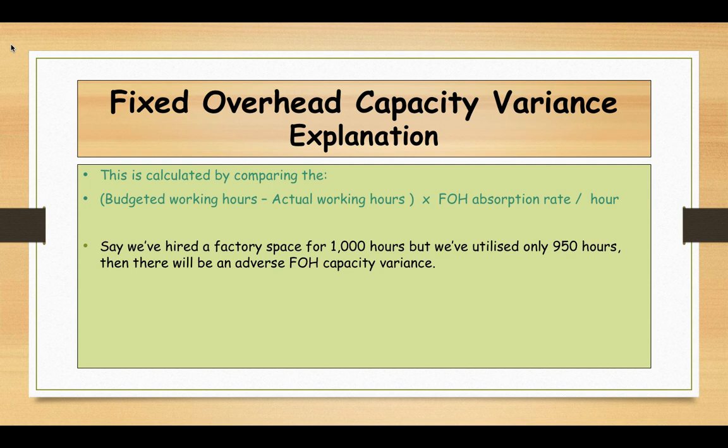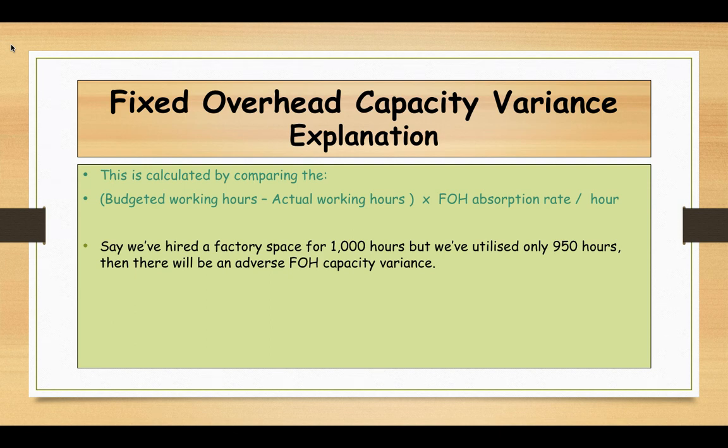Say we have hired a factory space for 1,000 hours, but we use that factory only for 950 hours. Then there will be an adverse fixed overhead capacity variance. We'll see why. We have underutilized the factory space.